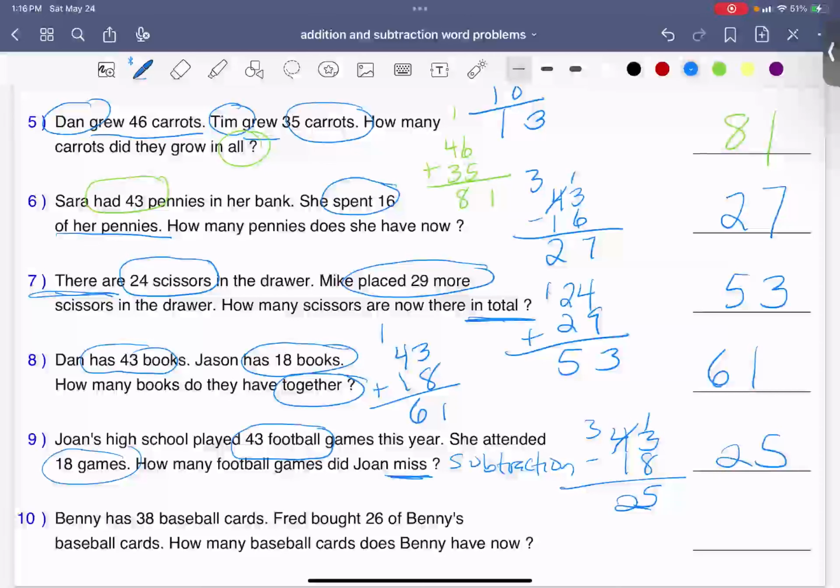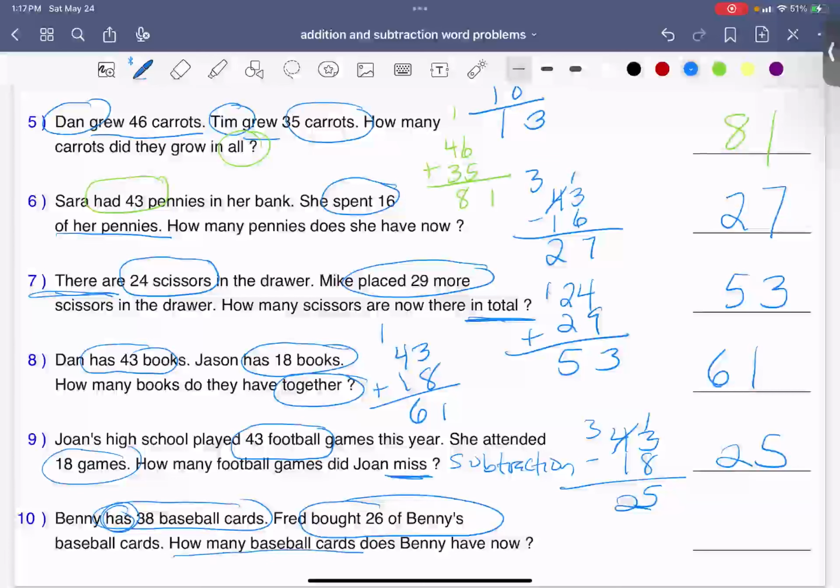And let's do the last one. You can pause the video. Benny has 38 baseball cards. Fred bought 26 of Benny's baseball cards.